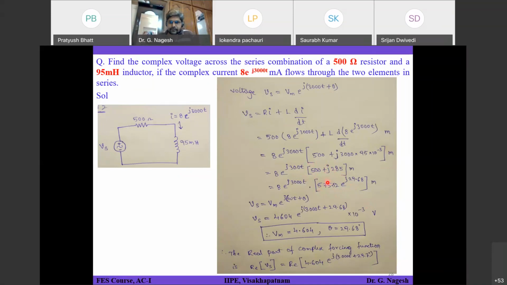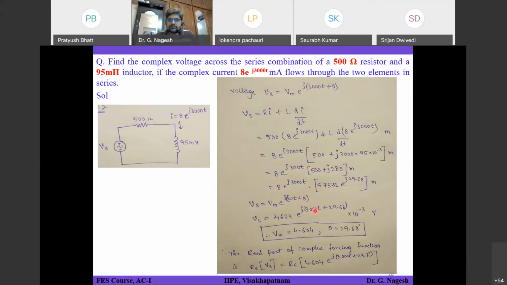After this, what we have done: we have already given Vs in this format, so we are trying to equate both and find out the value of Vm and the value of theta. If you multiply 575.52 into 8, you will get 4604.